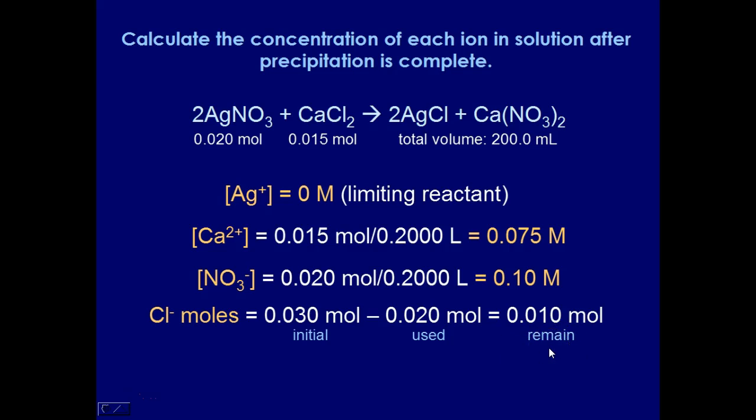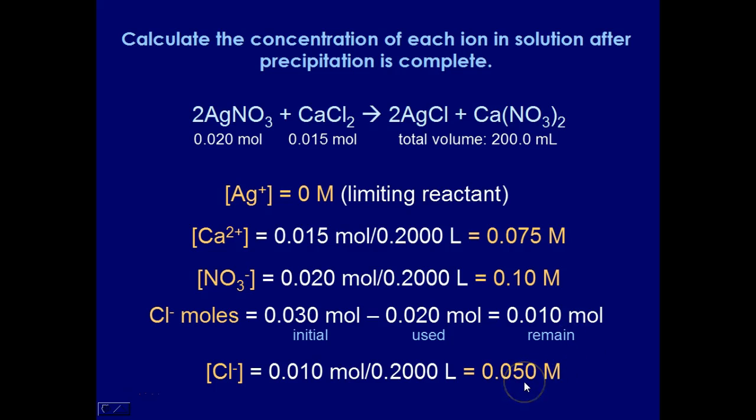In order to find the concentration of the chlorine, I do that just like I did calcium and nitrate. Now that I know how much chlorine I have left over, I take the 0.01 moles, I divide it by the 0.2 liters, and that gives me a very small concentration because a lot of the chlorine was used, of 0.050 molar.